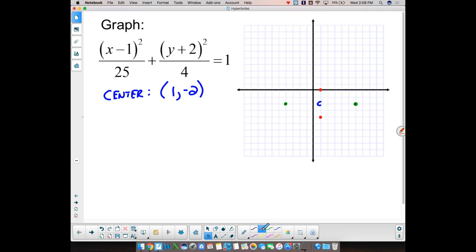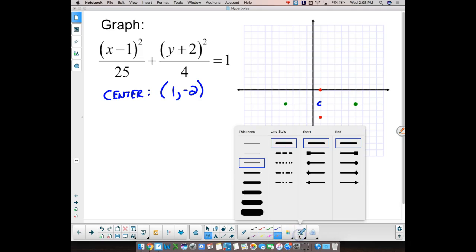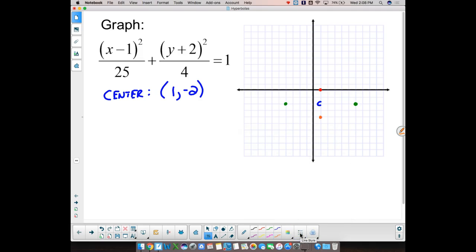Now I can draw it in. There it is. Looks fantastic. Probably the best ellipse that I've drawn all day.